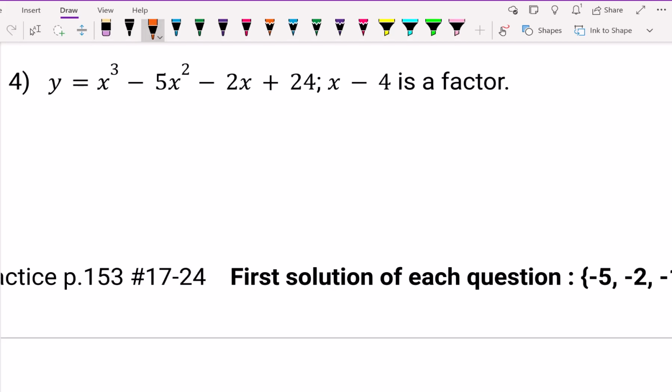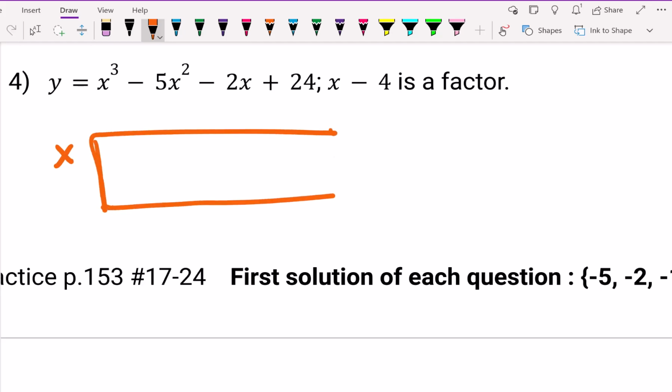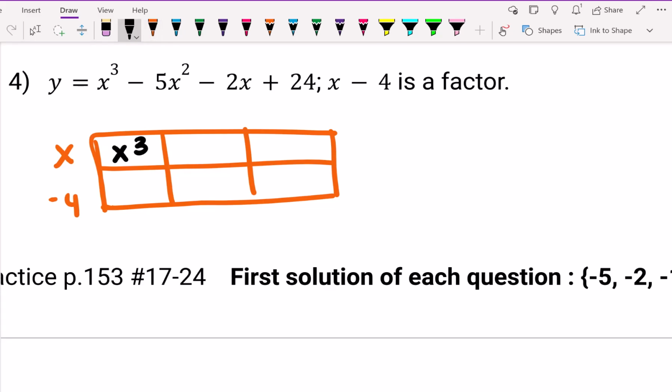Okay, so here is what we're going to do. We're going to take this x minus 4, since I know it's a factor. I'm going to divide that into my cubic equation. Just take a while to set it up. Okay, I'm going to put x cubed here, and then I'm going to work backwards.